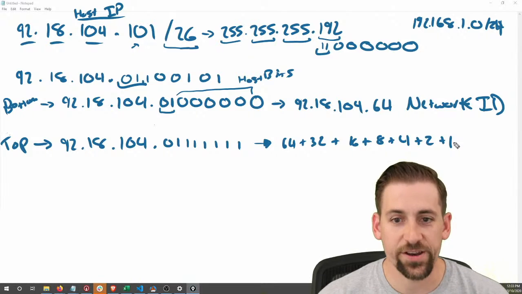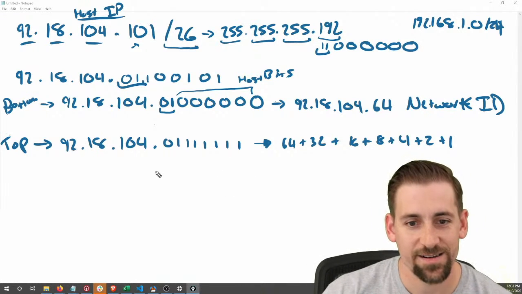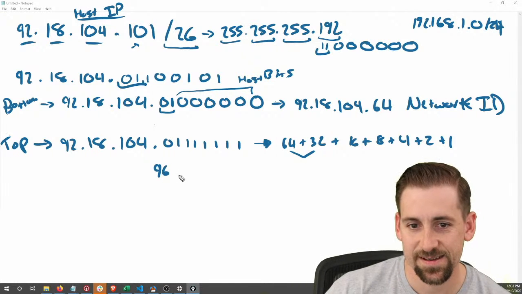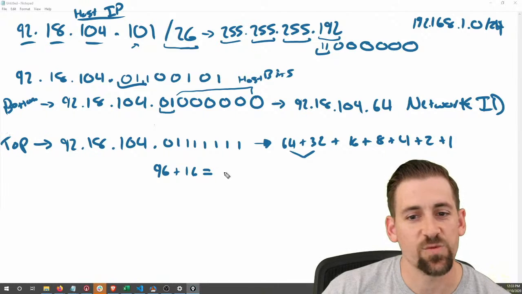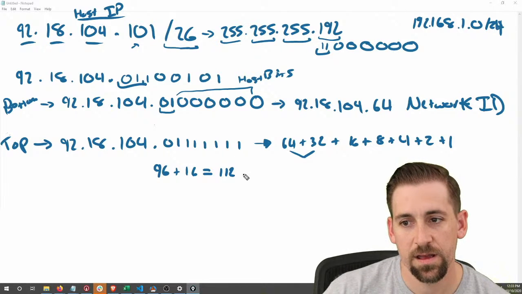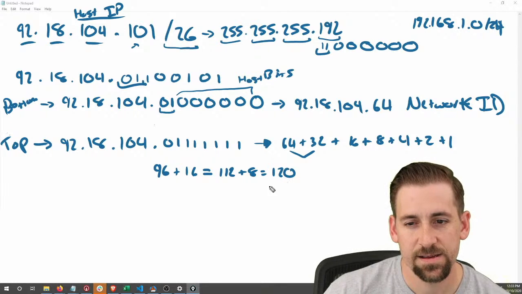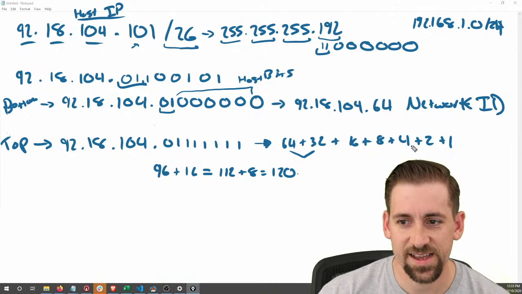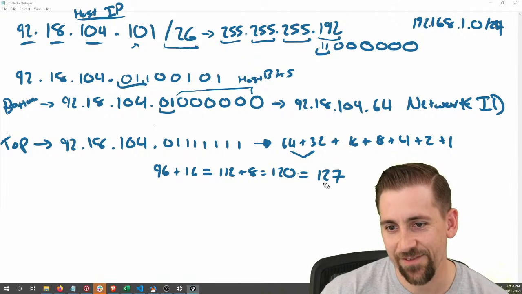We're going to do the math here to convince you that we know what we're talking about. 64 plus 32 is 96. Plus 16 is 112. Plus 8 is 120. Plus 4 plus 2 plus 1 is 7. 127.